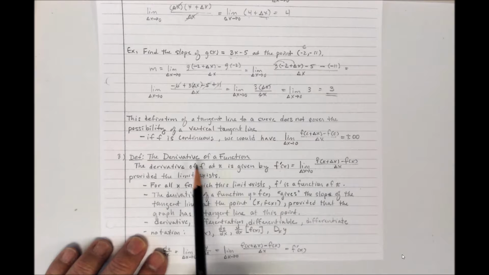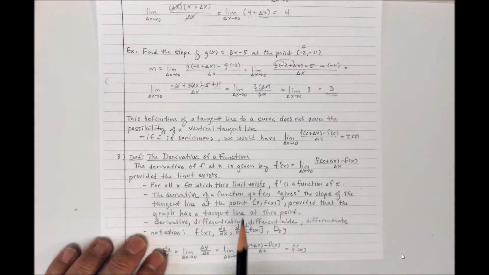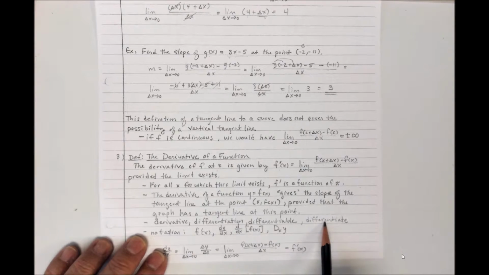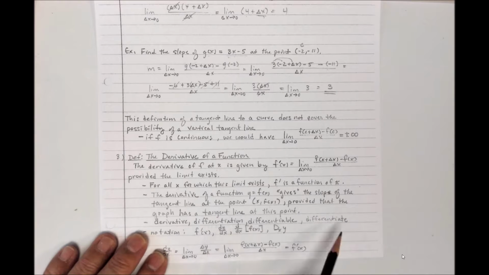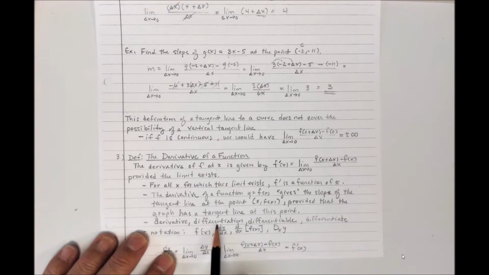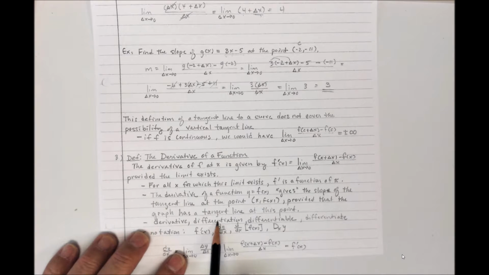Now, a little vocabulary here. When we find the derivative, we sometimes say that we're deriving, but we also use the expression differentiate. This is a verb here. To differentiate means to find the derivative. The act of differentiating is called differentiation. This is a noun here. Differentiation explains that you are doing the act of finding the derivative.